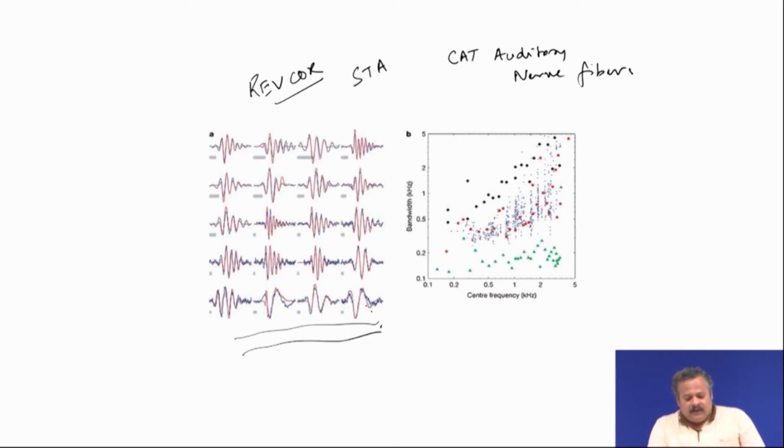And when you look at the bandwidth versus the center frequency of these filters, which is what we call the Q factor of a filter, that is one way of quantifying the sharpness of filters, that is, high bandwidth or low bandwidth depending on center frequency.